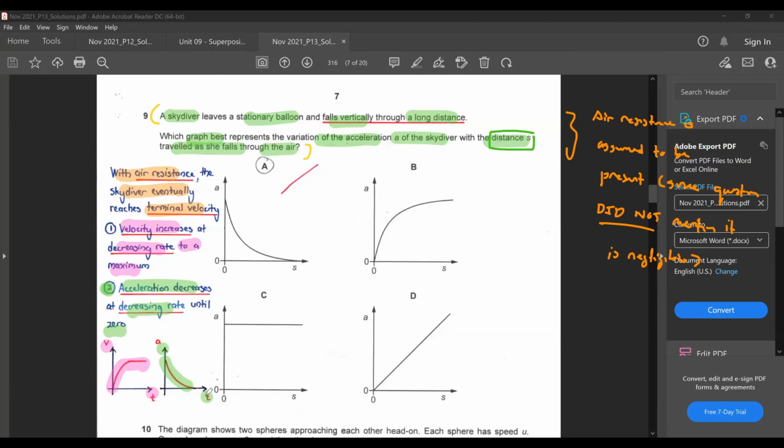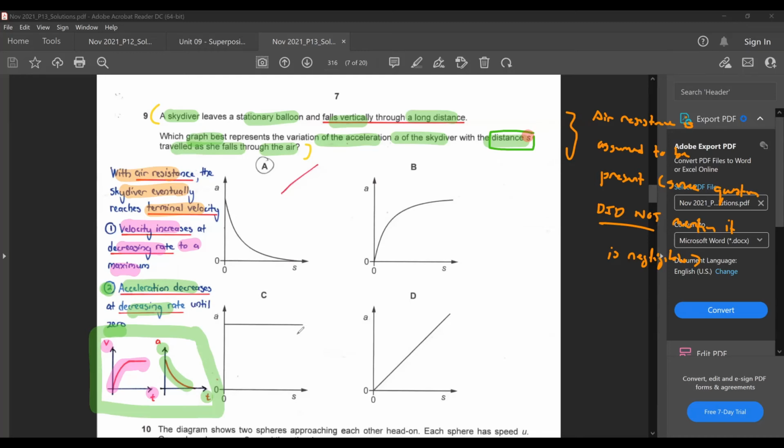So now these are your v-t and a-t graphs. The x-axis is with respect to time. But the one that you have here is talking about with respect to distance travelled. So which one would actually be sensible for you? Actually, this one doesn't really need you to prove the graph shape.